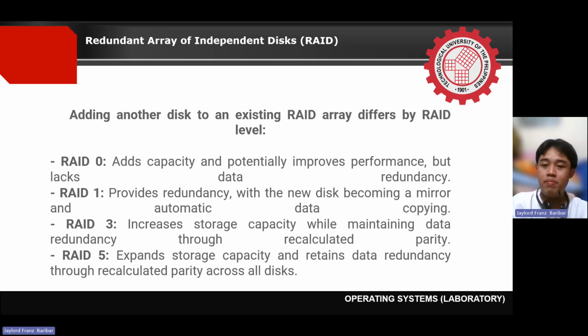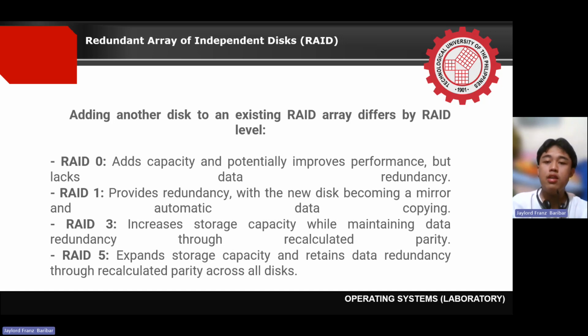Now in RAID 1, this one is all about redundancy. The new disk becomes a copycat, automatically backing up your stuff. So if you add another disk with RAID 1, the mirroring effect will still go on as long as we increment the disk.